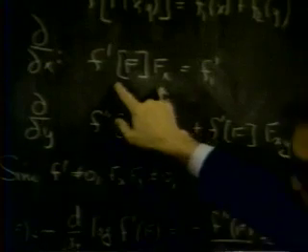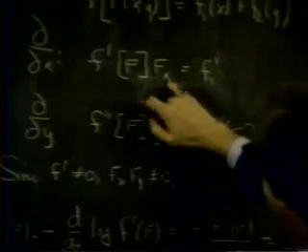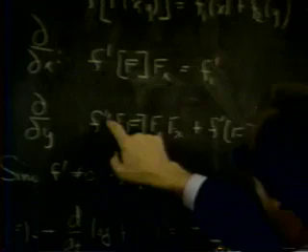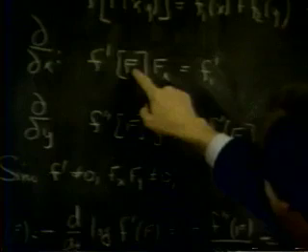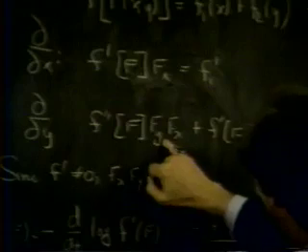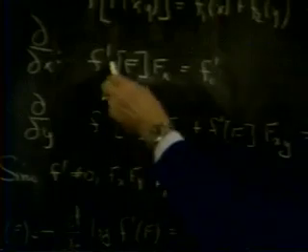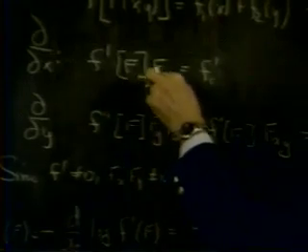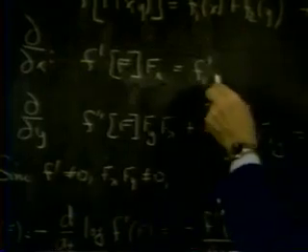This is a product of two functions, so you get the one function, f sub x, times the derivative of that, which is little f double prime evaluated at capital F, and then using the chain rule, the partial of capital F with respect to y, plus then the other term, which is f prime of F times the partial of this with respect to y, which is the second partial. And this, of course, is a function only of x. I'd better make it explicit. So taking this partial with respect to y gives 0.